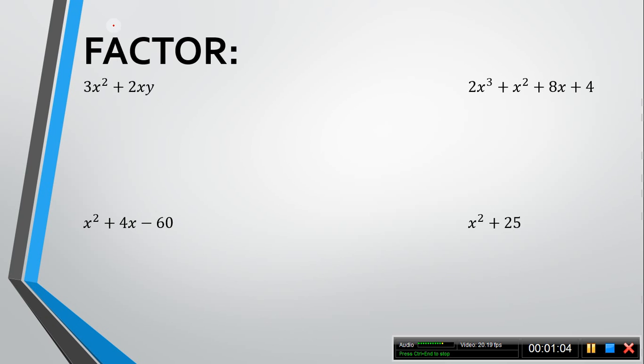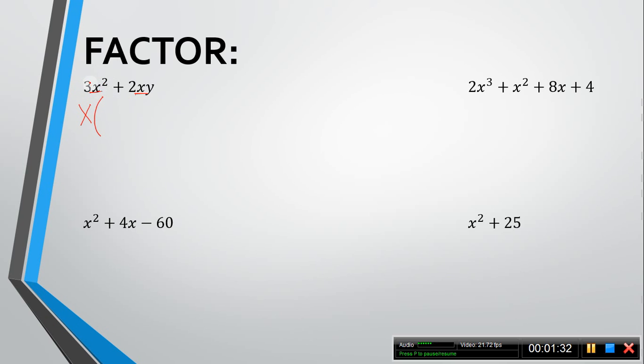So my first one, I'm always going to want to try GCF, or greatest common factor. So I notice I can't divide 3 and 2 by anything. There are no numbers that go into both 3 and 2. So I notice, though, I have an x squared here and 1x here. So I'm going to divide out an x.